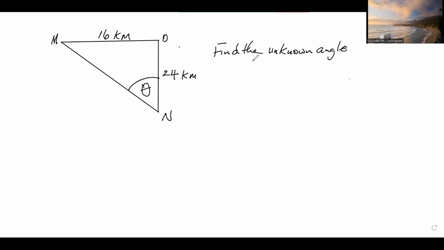So what you could put is whatever sine, cosine or tan inverse, whichever one, open brackets, and then you put your two values, close brackets, and it should give you the answer.